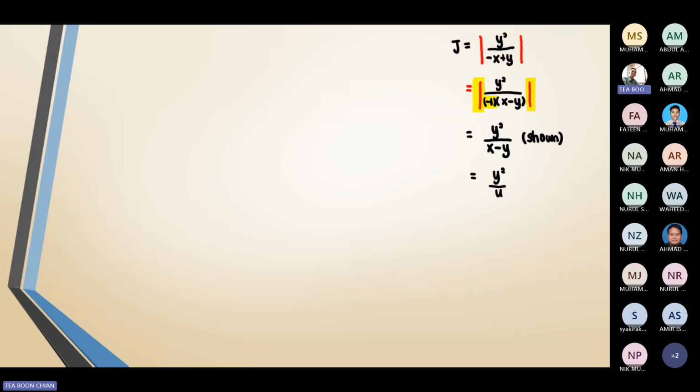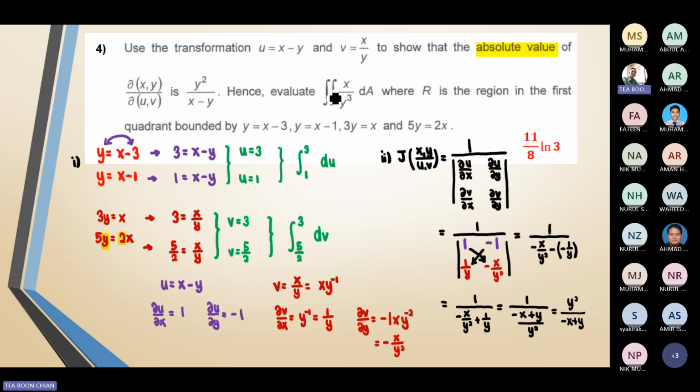So if this is the case, don't worry. Let it be first, and then you convert or transform everything into the problem and see how it goes. In other words, if you cannot transform directly, don't worry, keep it first, then put everything into the question. The question is double integral x over y power 3.